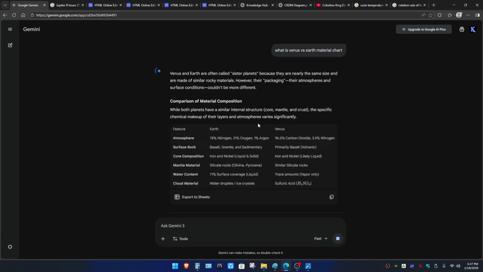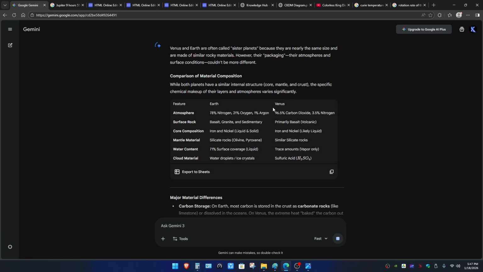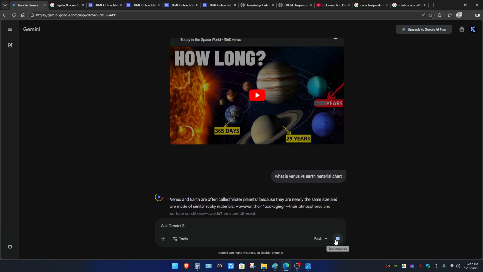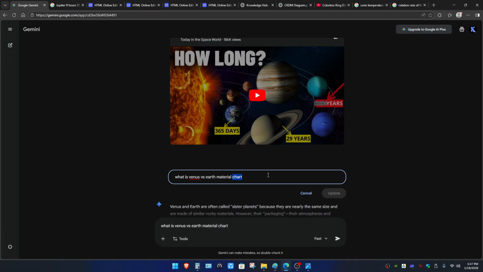Now if we ask about the chart, it will show how each planet has a different type of material. Now I need to write here a chart in percentage of different metals.